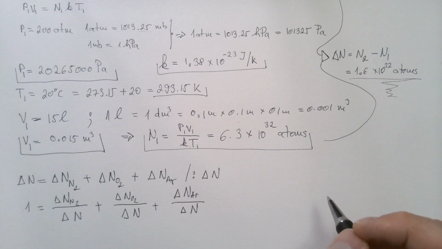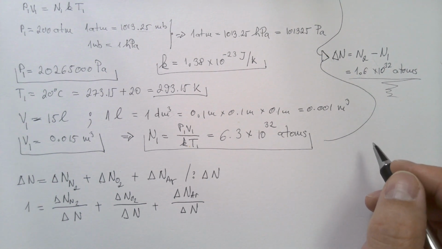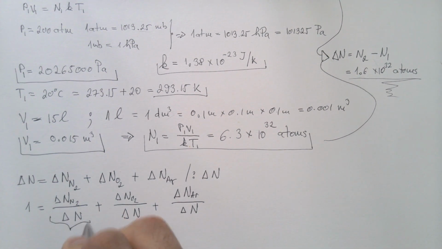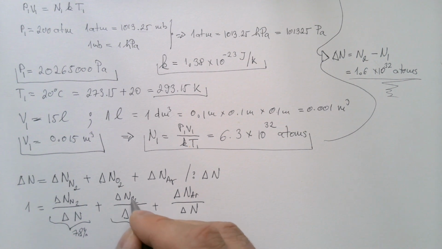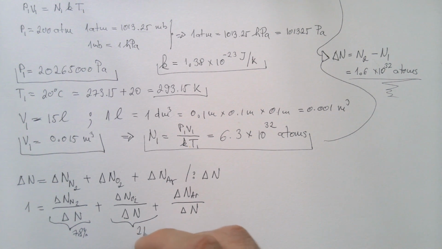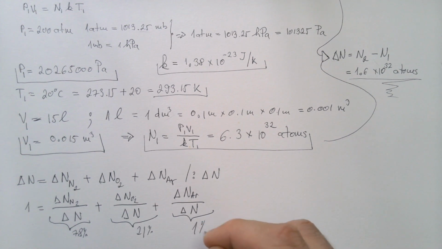But we know the composition of air. If you don't know, watch my previous videos. We know that the percentage of nitrogen, N2, in the volume of air is 78%. The relative percentage of oxygen in the volume of air is about 21%. And the relative percentage of argon in the volume of air is less than 1%, but here we assume it's 1%.